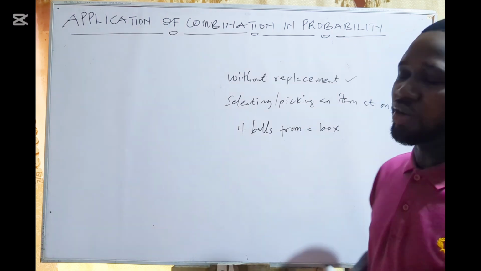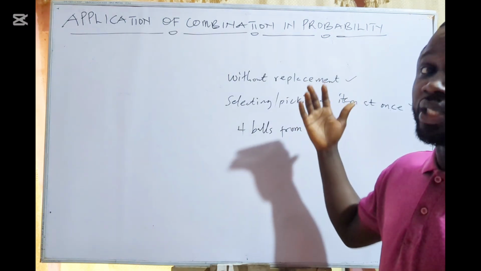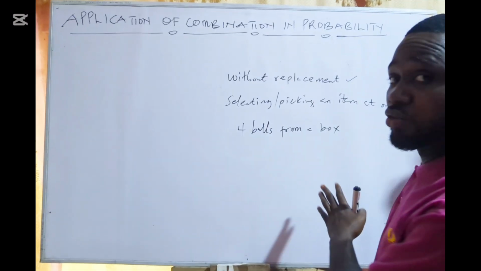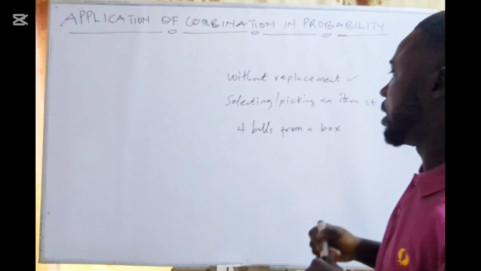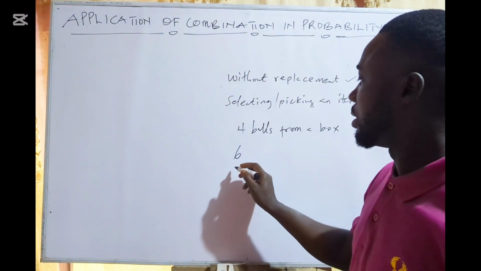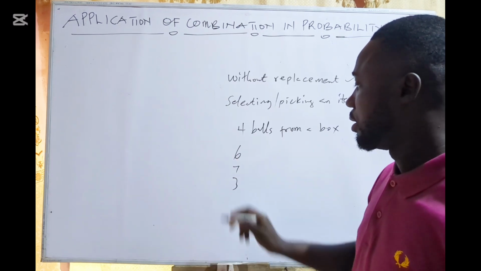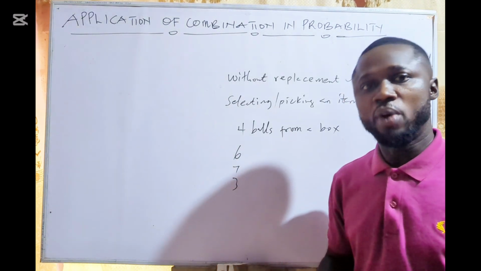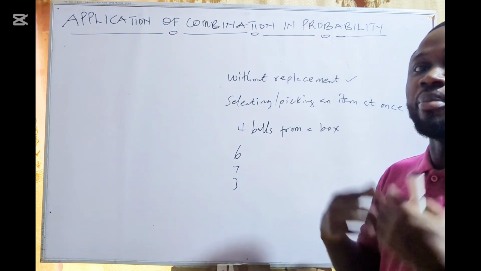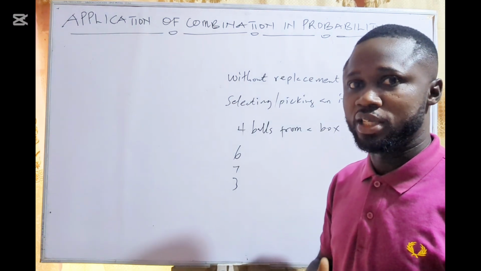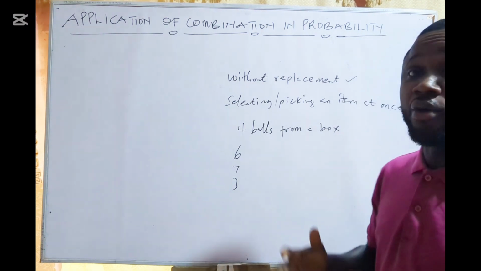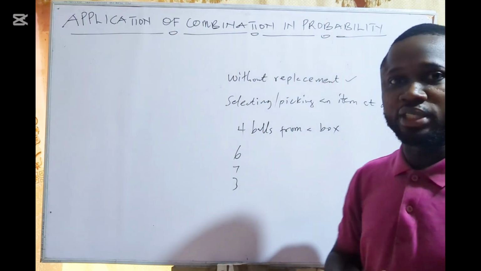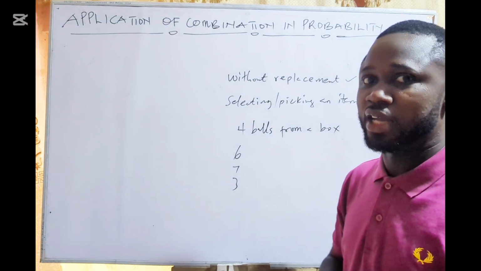When you apply the normal way of solving, it will be tedious, very long to solve. Sometimes it can be 6, it can be 7, it can be 3. So combination helps us to answer those questions where there are many selections. Then we bring in combination, and that will make it easier for us.